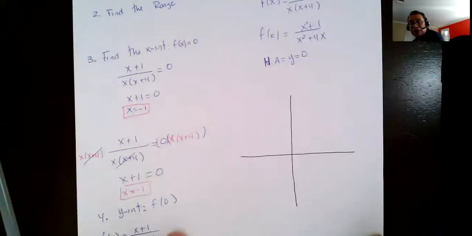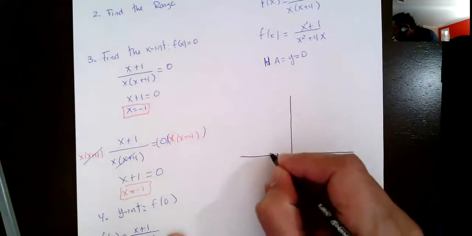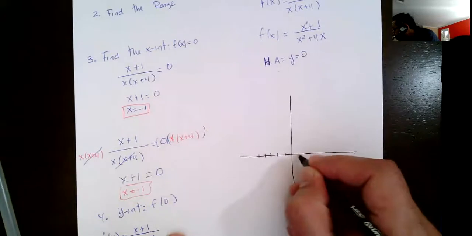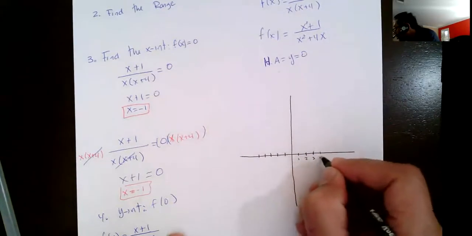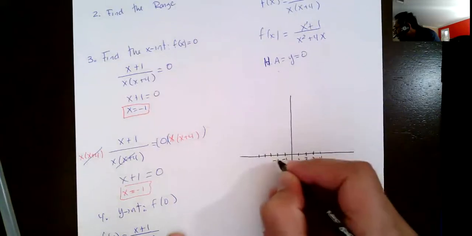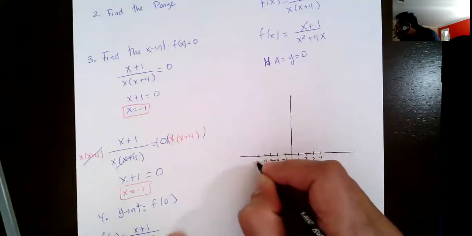So let's start by graphing the vertical asymptotes and horizontal asymptotes. We have 2 vertical asymptotes at x equals 0 and at x equals -4. So 1, 2, 3, 4, 5. 1, 2, 3, 4. -1, -2, -3, -4, -5.